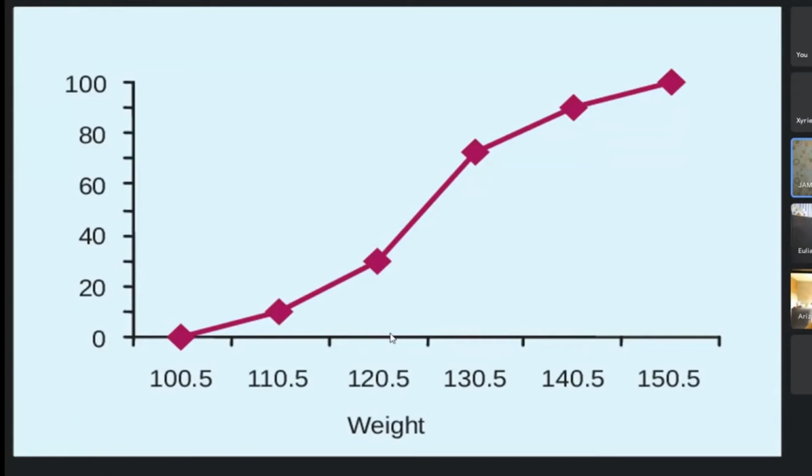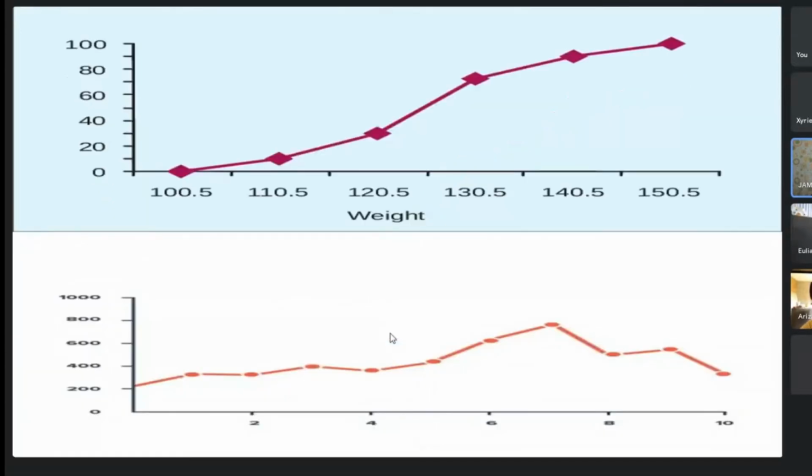You can see here, just like a line graph, we are going to use line to represent the data. But how do these two differ from each other? Anyone? Here is the ogive. At the bottom one is the line graph. What will be the difference between these two? Daniel?